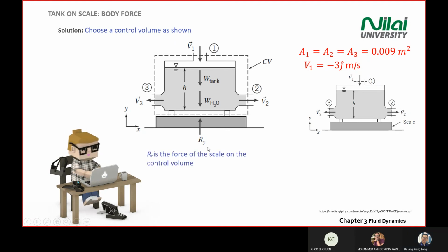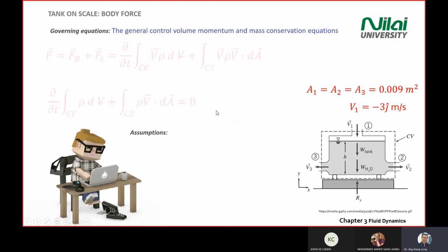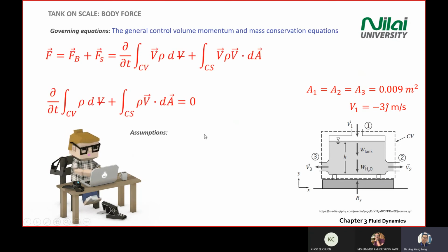Okay. All right. Next, we will go through the governing equations. So as long as you come to chapter 3, a fluid dynamics question, these are the 2 favorite governing equations. On the top, if you look at the structure, it is the momentum equation, where you take the mass times the velocity, divide by the time, and you get forces, right?